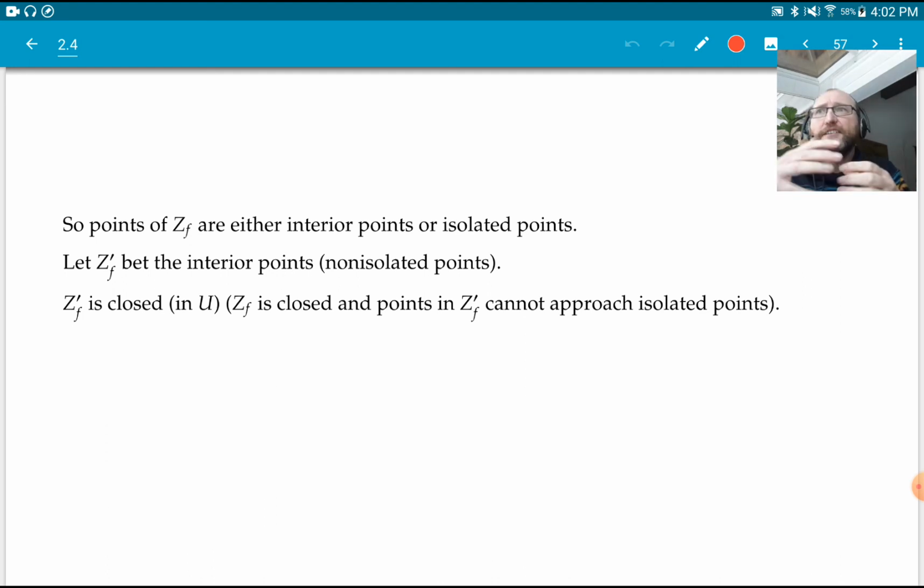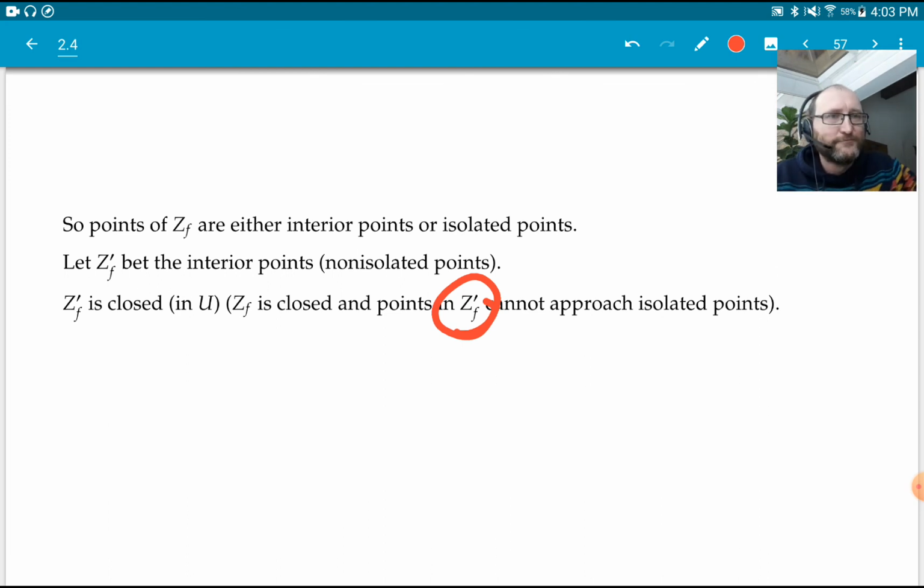Now, if I have a point in Z_f that's not in Z_f prime, I cannot approach it by points in Z_f prime, right? Because Z_f prime is the set of non-isolated points. I cannot approach an isolated point.